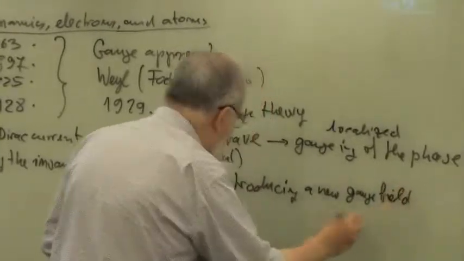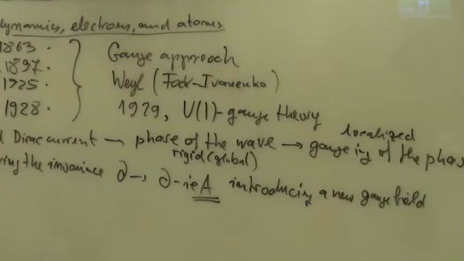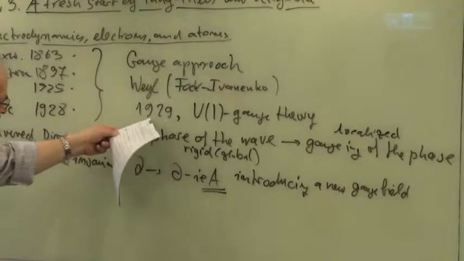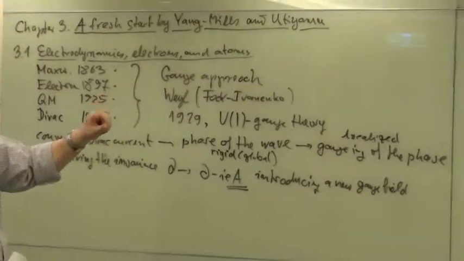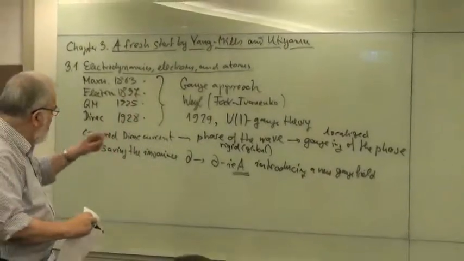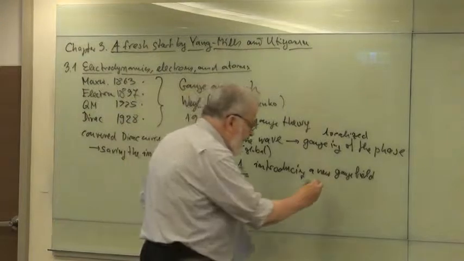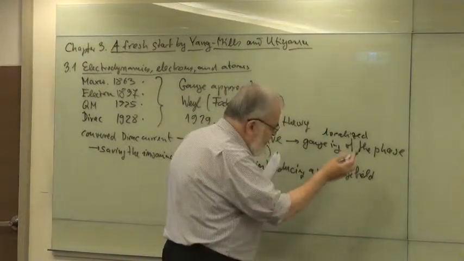It should also be called, in this case, a phase field, but for historical reasons, Weyl had a theory in 1918 where he gauged the scale of an object, the length of an object, scaling and gauging, and then instead of phase field, people called it gauge field.